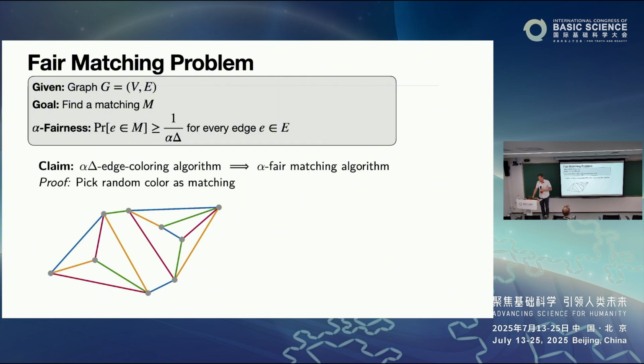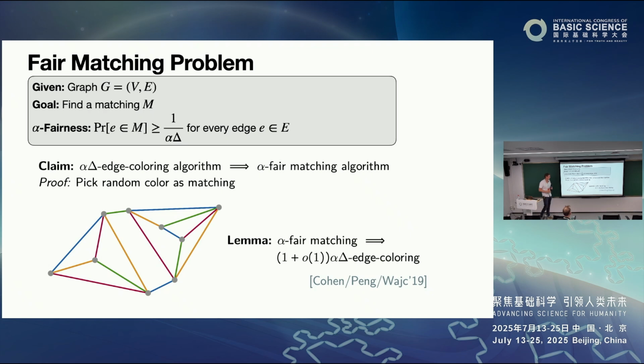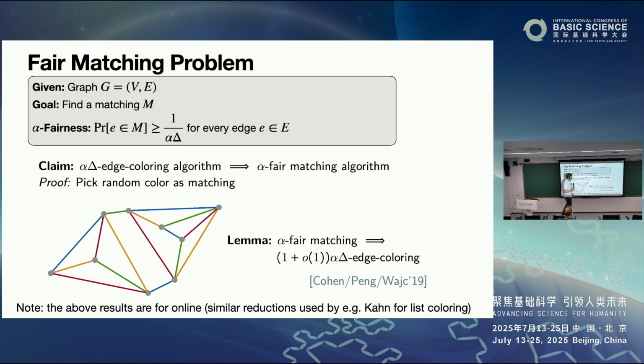But the other direction requires a little bit more work. This is known, like, I think Kahn used something similar for list coloring in his work, page 96, but this is also known online. What requires a little more work is that if you have a matching algorithm, you can turn it into a coloring. Intuitively, I run my matching algorithm, I carve out an edge color class, I repeat. You have to be a little bit worried, but this is the intuition. You will halve the degree and then you repeat.